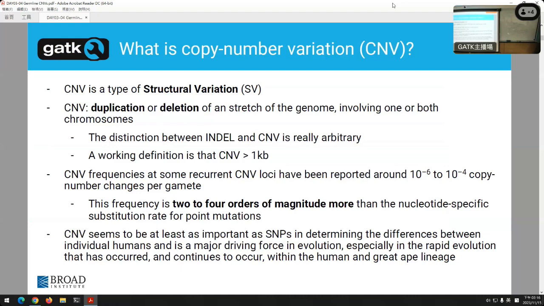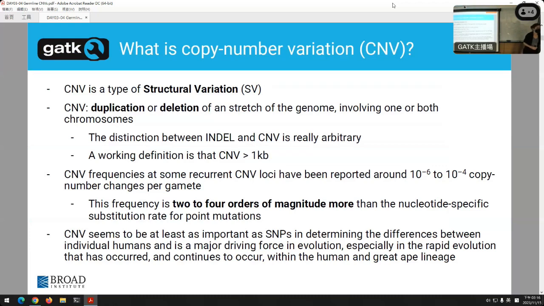De novo copy number variants are pretty infrequent. We expect far less than one de novo CNV per individual, but they're a little bit more common at some particular regions of the genome that are recurrent CNV loci. We'll talk a little bit more about that on the very next slide.